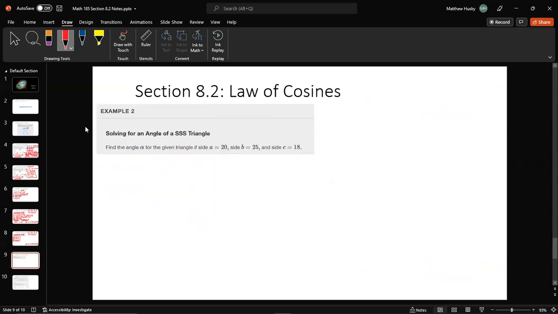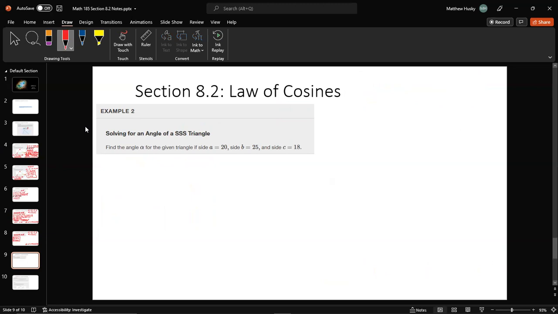For this example, the thing that's slightly different about it is that you will notice we are given 3 sides from the very beginning. Again, we've already seen this process where you do cosine inverse to solve for an angle that you do not know.